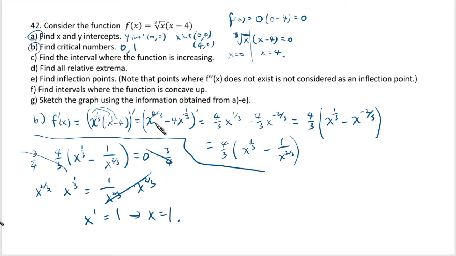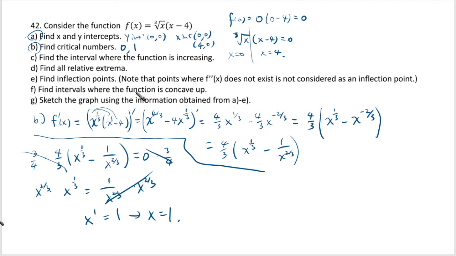Okay, now it's asking to find the interval where the function is increasing. Well, for that we actually have to pick test points and plug them into the derivative. See, before we were using the second derivative test to find relative extrema, but the second derivative test can only be used if you can evaluate the second derivative at the critical numbers.